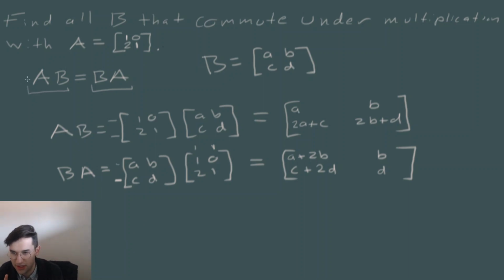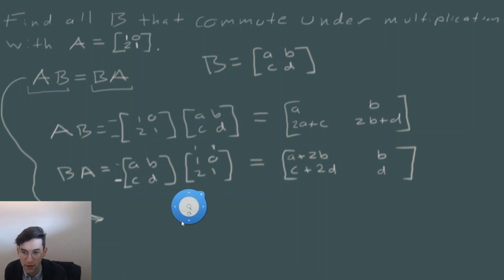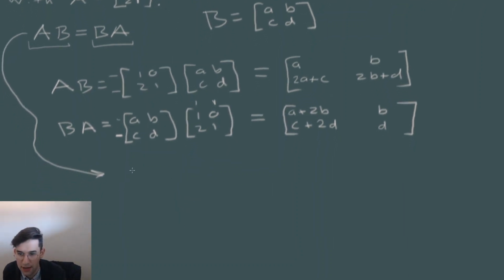So to simplify it, let's just look at this expression that we have up here. We're looking at when AB equals BA. Now, what we can do is subtract BA from both sides. And then we minus BA over here.